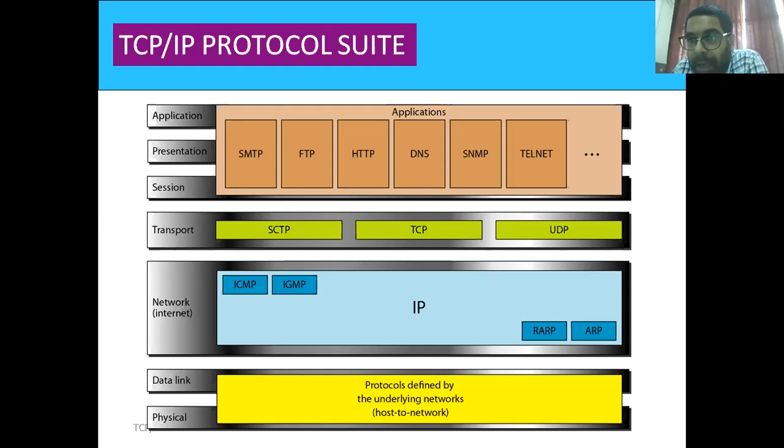ICMP is a very simple protocol. Basically, the job of this protocol is to check whether there is any network communication issue or not. That's it. Whether the information you are sending is reaching the destination in a timely manner or not. So this is the job of ICMP.